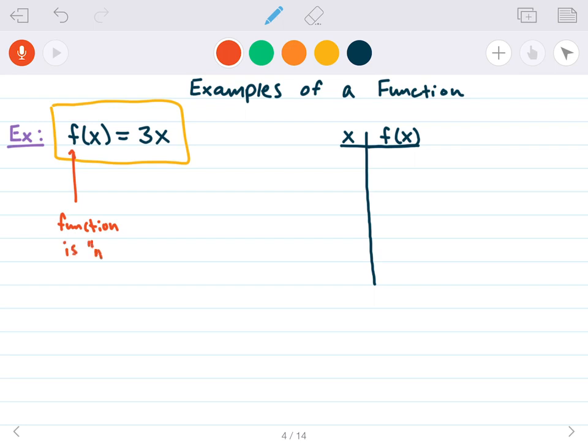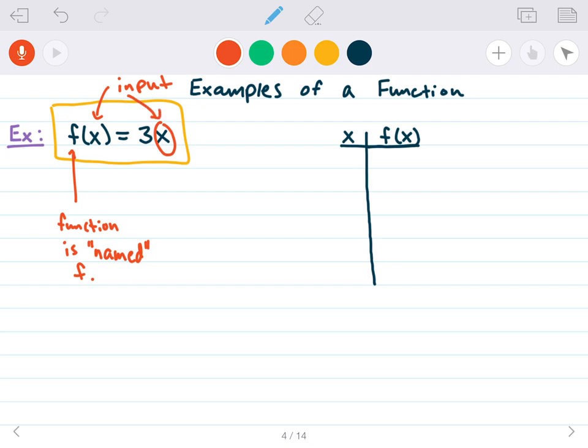That's what this f tells us. The x in parentheses is our input, so wherever I see an x is where my input values go.